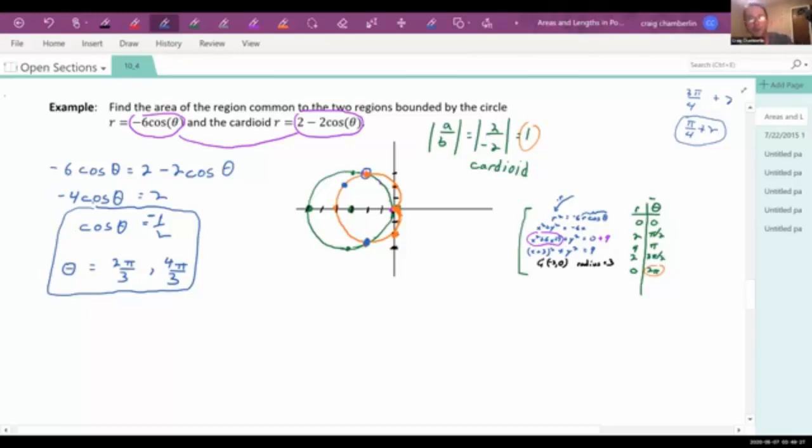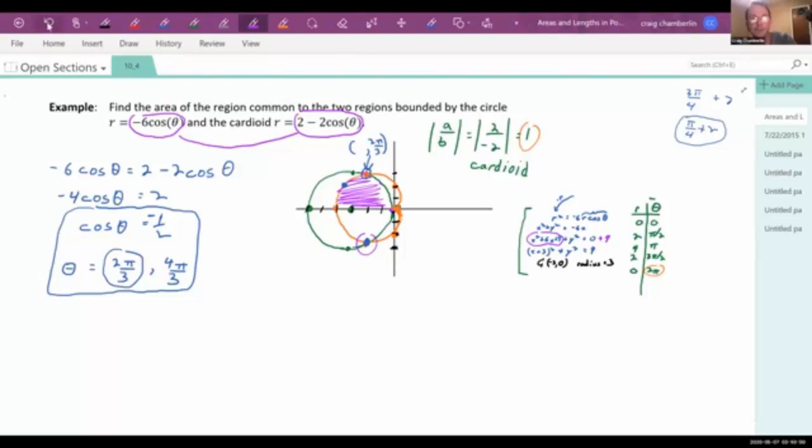So my claim is that for that upper point, I don't know what the r value is, and I don't care. The theta value of that point right there is going to be 2π/3. Because we have a lot of symmetry going on here, my plan is to just find the area of the region above the x-axis and then double it. So I don't even have to mess with the intersection point down there.